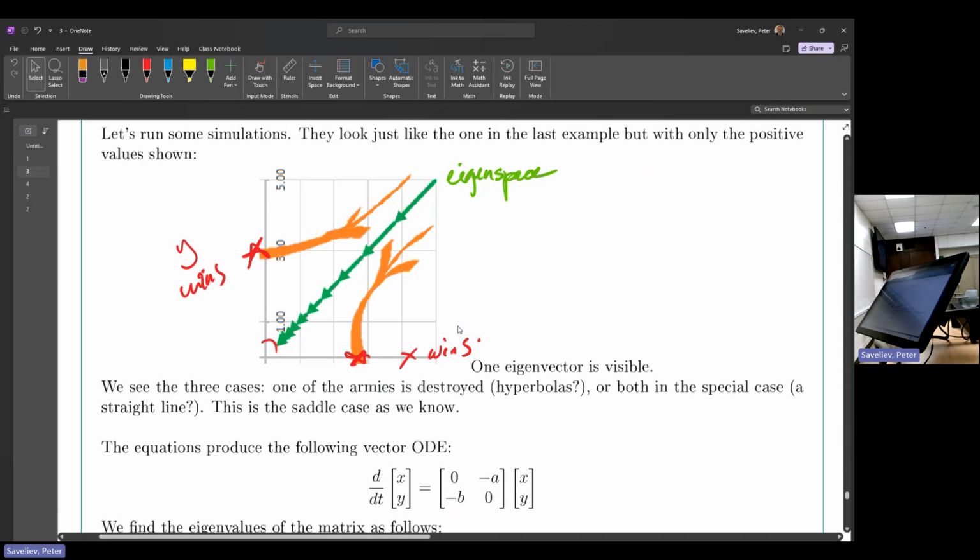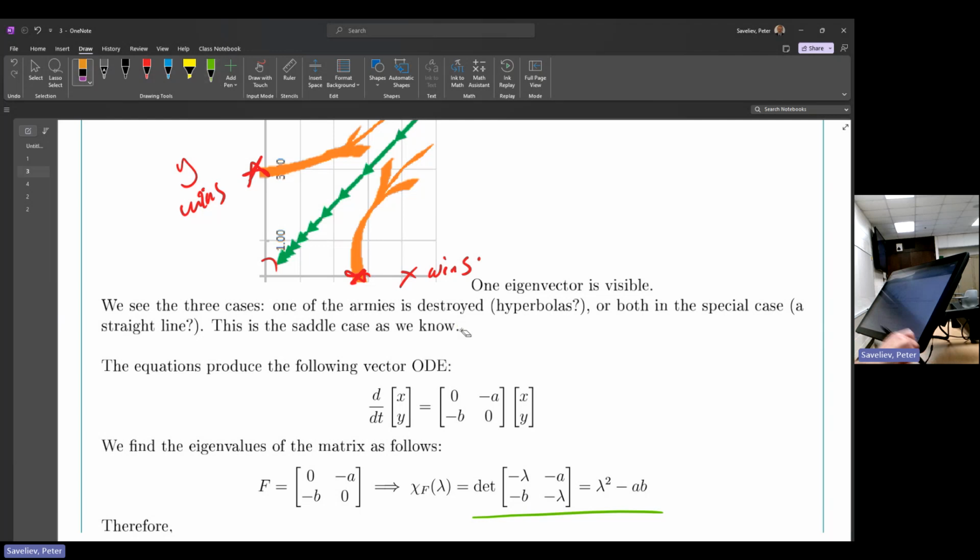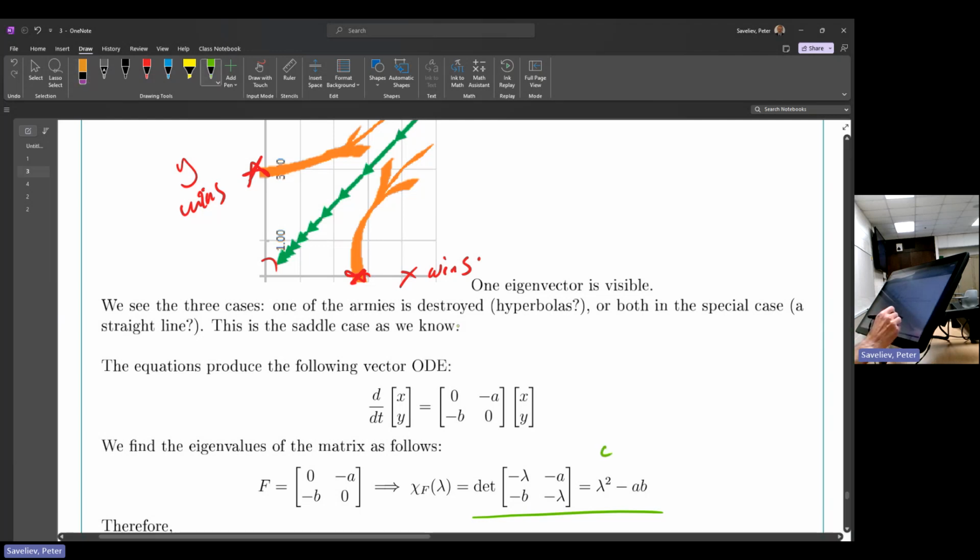Then we go straight to our characteristic equation. This is the characteristic polynomial, and we set it equal to 0 and solve, and it's a very simple result.